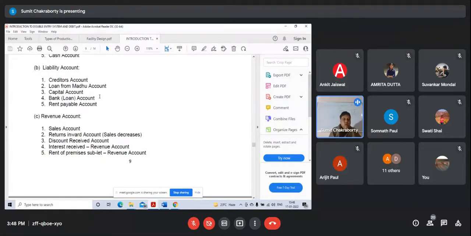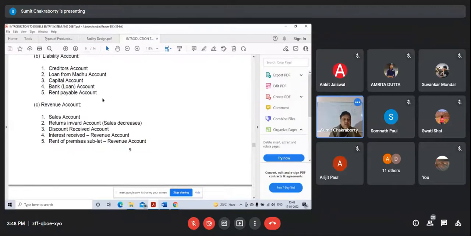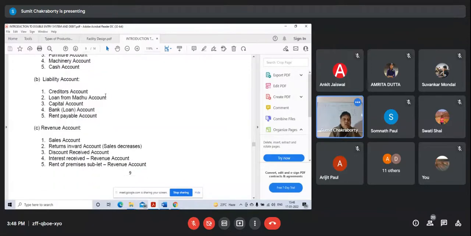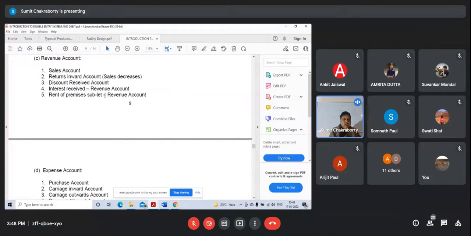They are the creditors for you. A loan from Madhu account, capital account, bank loan account, rent payable account. Anything payable is liability. Anything receivable is your asset. Revenue accounts: sales account, returns inward account, discount received account, interest received account, rent or premium sublet account.